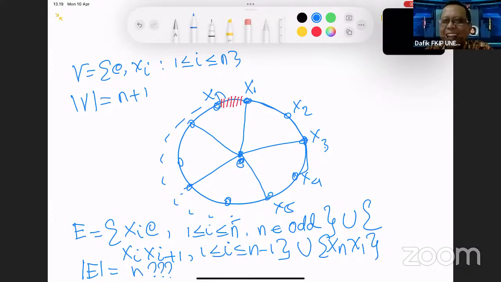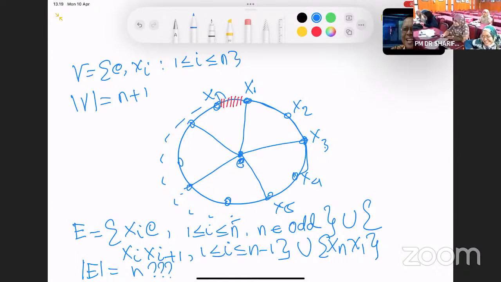Prof, let us give us an exercise on this one, in group.